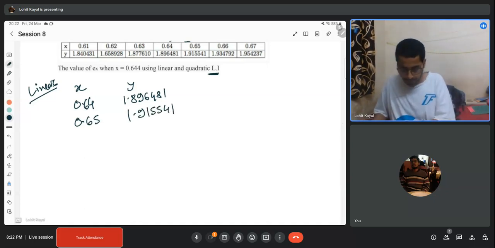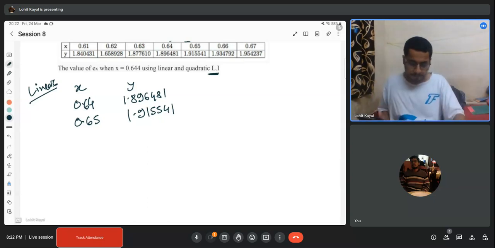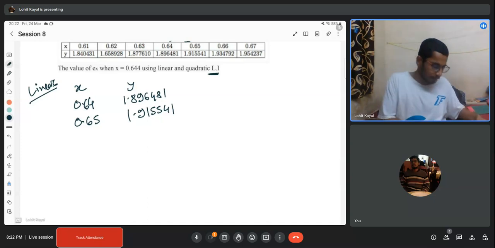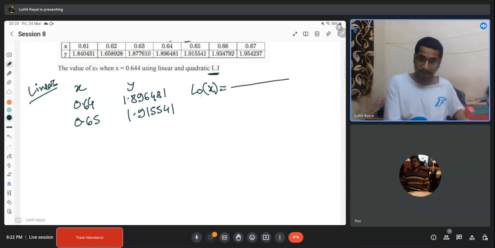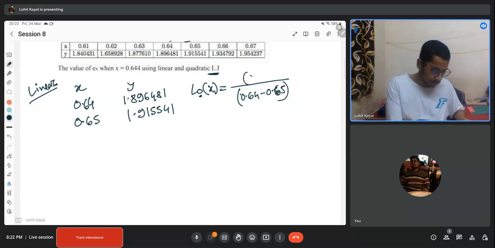So what will be the value of L naught x? It will be x naught minus x1 in the denominator, because it's 0 here. So x naught is your 0.64 minus 0.65, and the numerator is x minus 0.65.